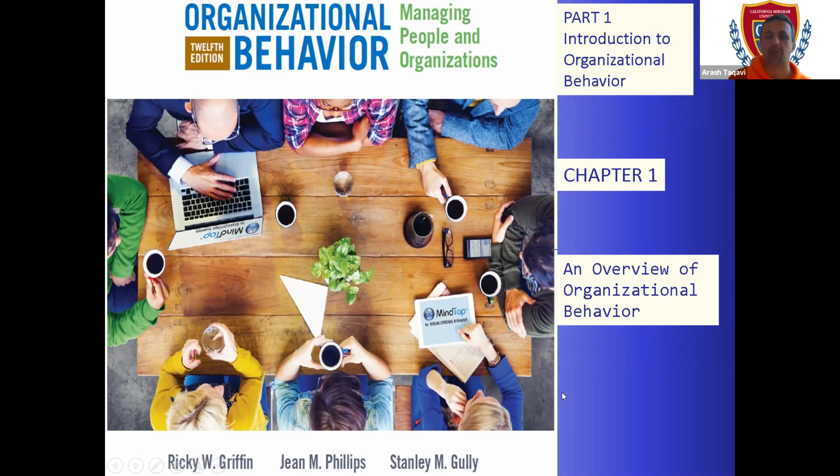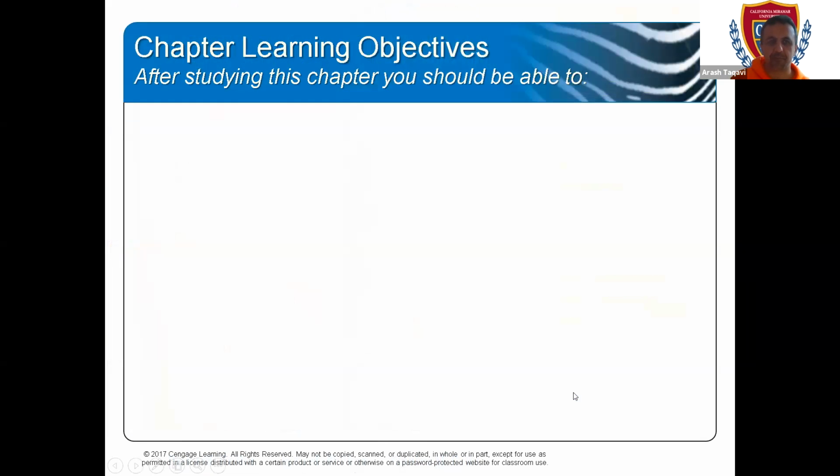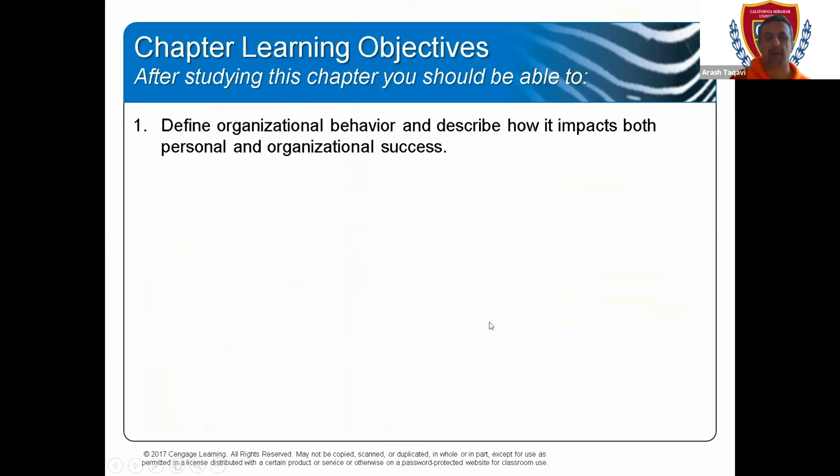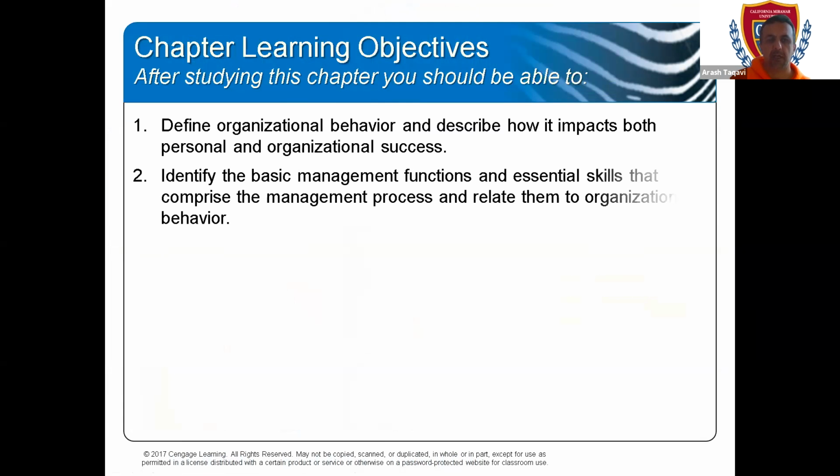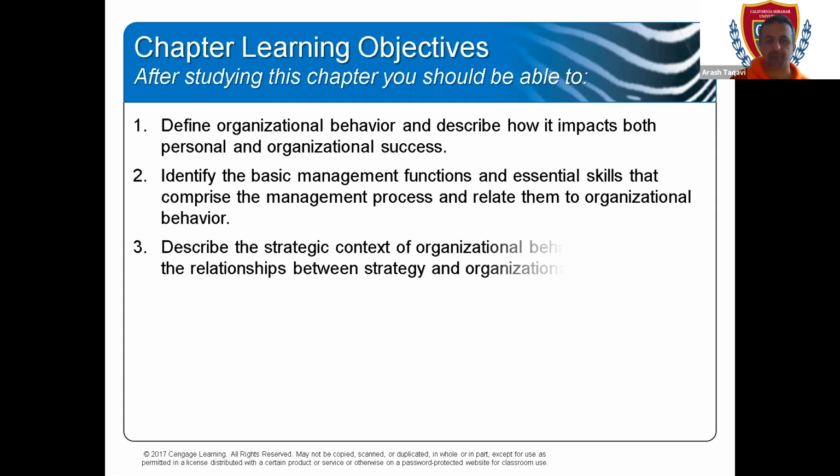Okay, welcome to the course ORG 4451. It is developmental, it is organizational theory and behavior. In chapter 1, we have some learning objectives. Define organizational behavior, and describe how it impacts both personal and organizational success. The second is identify the basic management function and essential skills that comprise the management process and relate them to organizational behavior.